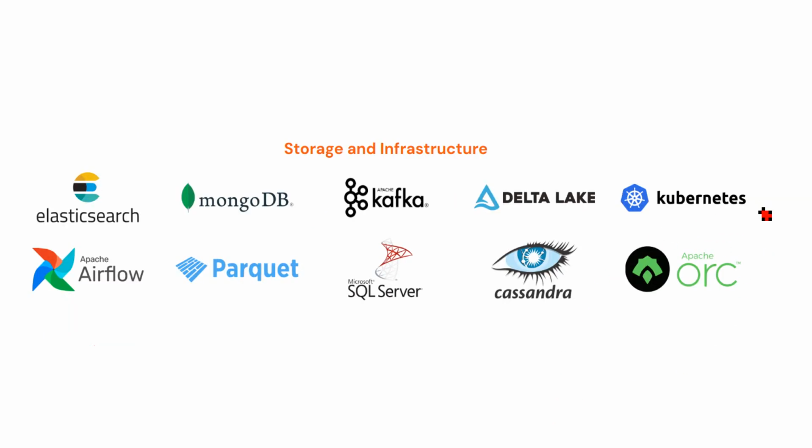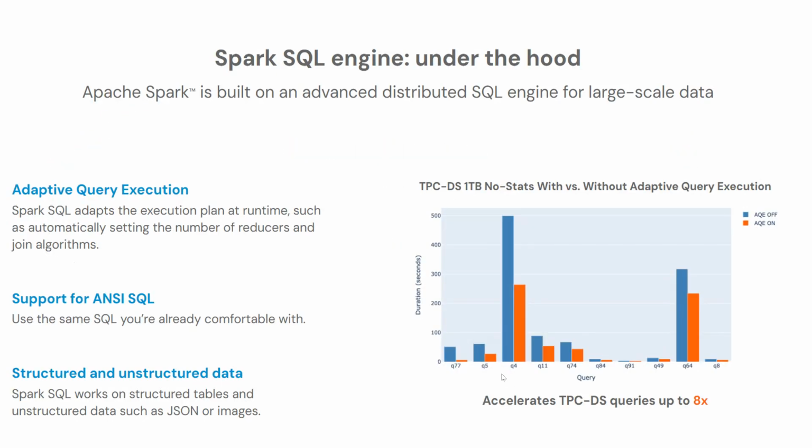In terms of storage and infrastructure, you can use Elasticsearch for faster search capability, MongoDB, Kafka for distributed data, Kubernetes, again for distribution, Parquet, Airflow, SQL Server, Cassandra, and many more.